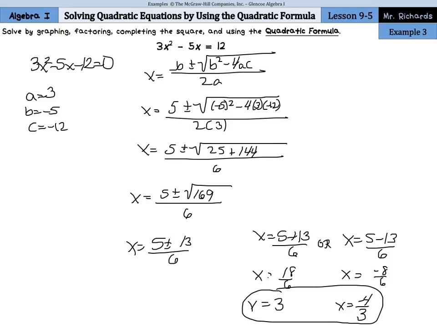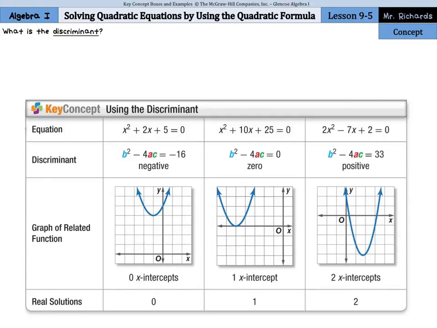So we have graphing, factoring, completing the square, quadratic formula, a bunch of different ways to solve quadratic equations. What is the discriminant? Well, in the quadratic formula, the expression under the radical sign, which is our b squared minus 4ac, that is the discriminant. And it can be used to determine the number of real solutions of a quadratic equation.